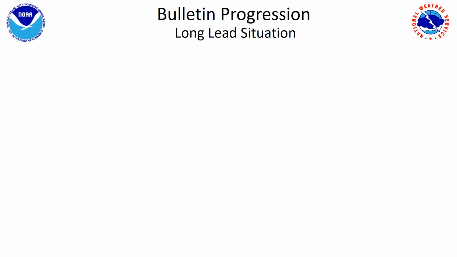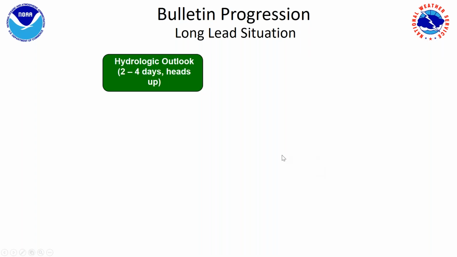talking about the bulletin progression, starting with an idealized long lead time situation. So let's just say that your models are providing a lot of heads up and they're consistent, so you're fairly confident that the big rain event's going to be coming up. You could issue a hydrologic outlook, and this is for the 2 to 4 day time frame.